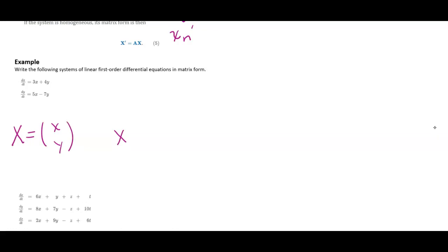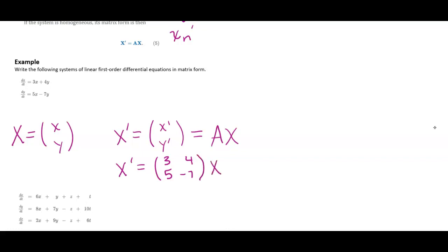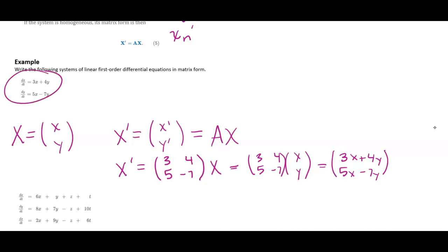And so X prime, which is little x prime, y prime, is then equal to A times X. In this specific example, our A is going to be the coefficients in front of x and y, and then times X. And if you want to see, again, just in case matrix algebra isn't something you've done, how you would write this is 3x plus 4y, and then 5x minus 7y is how that matrix algebra works.